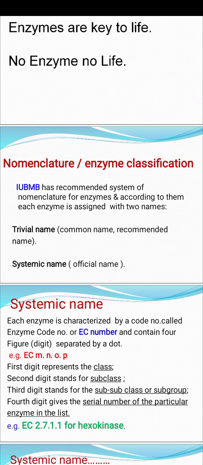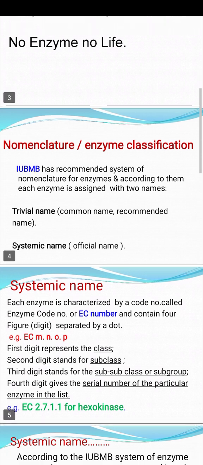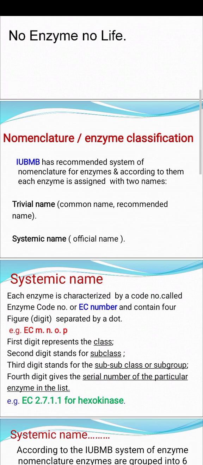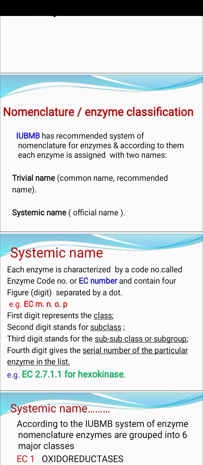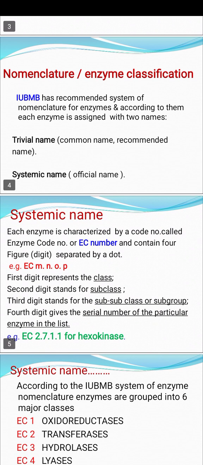For nomenclature or enzyme classification, the IUBMB has recommended a system of nomenclature, and according to it each enzyme is assigned two names: a trivial name and a systematic name. The systematic name characterizes each enzyme by a code number.